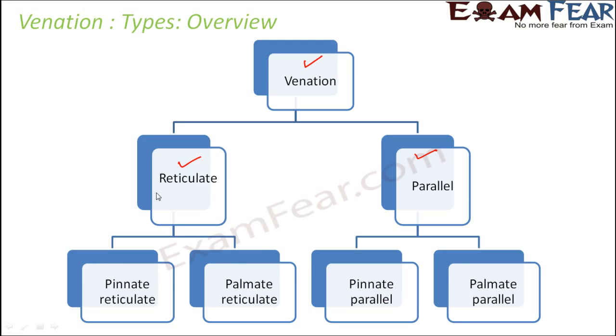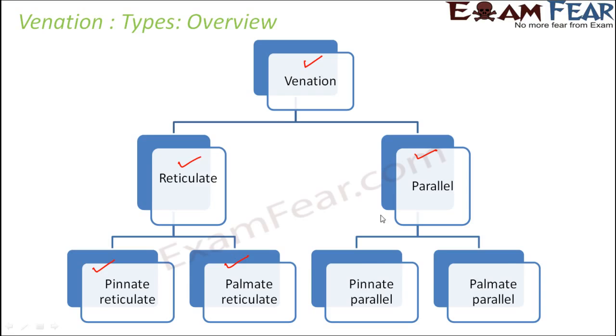Now again, reticulate venation is of two types, pinnate reticulate and palmate reticulate. Pinnate reticulate is the one where we have one strong midrib and all other lateral veins are haphazardly arranged. In palmate reticulate, there are many strong ribs plus the lateral veins, all haphazardly arranged.